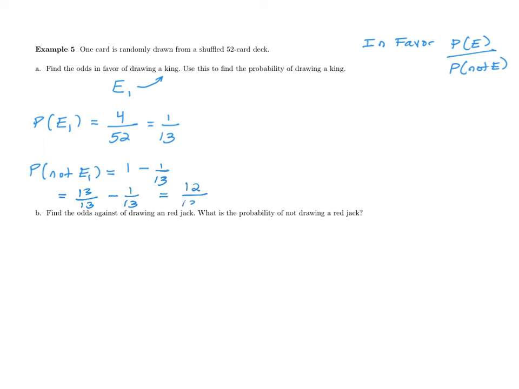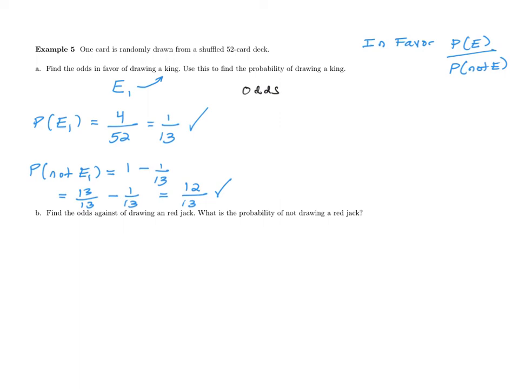That's 12 over 13. And that makes sense in terms of this formula. If you add these two events together, that should equal 1 or 100%. 1 out of 13 plus 12 out of 13 is 13 out of 13. 1, 100%.